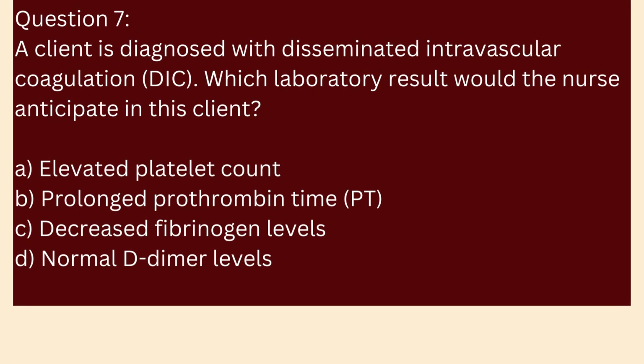Question 7. A client is diagnosed with disseminated intravascular coagulation, DIC. Which laboratory result would the nurse anticipate in this client? A. Elevated platelet count. B. Prolonged prothrombin time, PT. C. Decreased fibrinogen levels. D. Normal D-dimer levels.